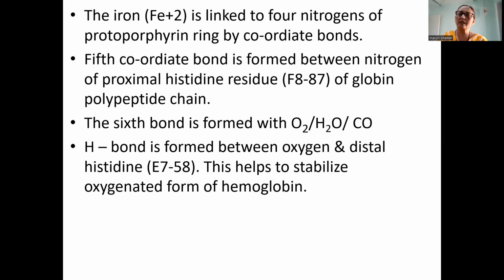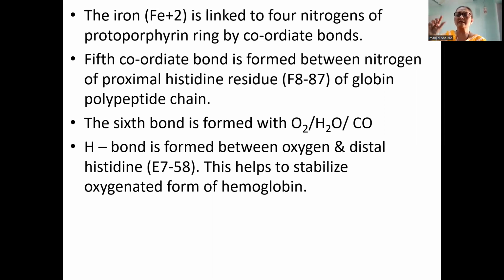So you must be wondering, what is this F8 or E7? When we are discussing the structure of this globin chain, it is folded to have a tertiary structure, but here you have a secondary structure in the form of alpha helices.